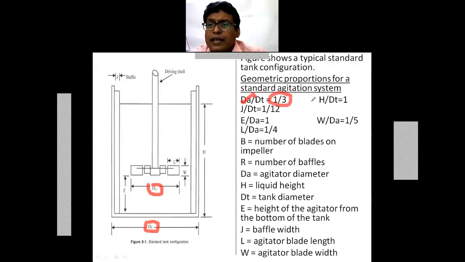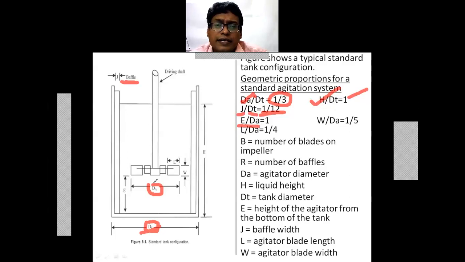Then height H by Dt, and L by Dt, is taken as 1. Then J is your baffle width, and baffle width to tank diameter is 1/12.